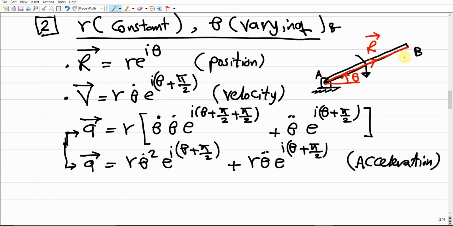So what does it mean? It means that the velocity direction will be perpendicular to the position vector, with a 90-degree difference between theta of the position vector and the direction of the velocity itself. That's why we're adding pi over 2 here.